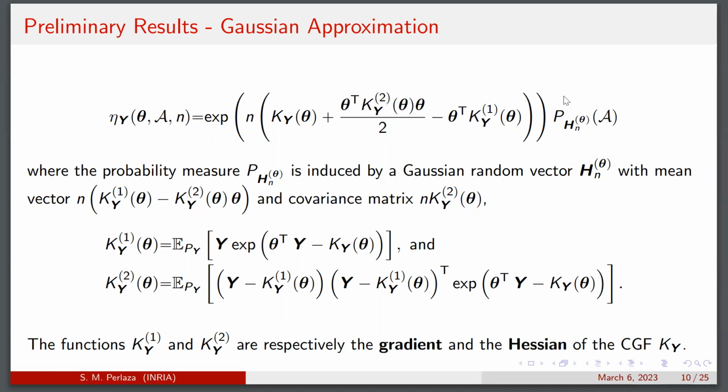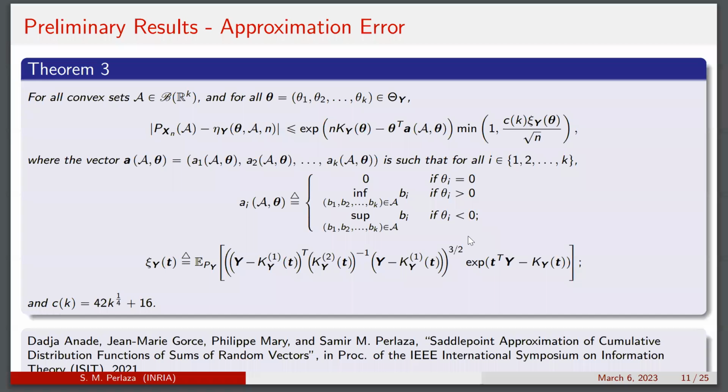So essentially we have a Gaussian measure multiplied by an exponential term. This is what allows us to say that this is a tilted measure. Great. And then, as I said, this first derivative and second derivative have to do with the mean vector and the covariance matrix. So with this at hand, we have the first result.